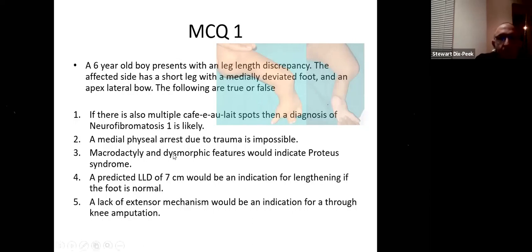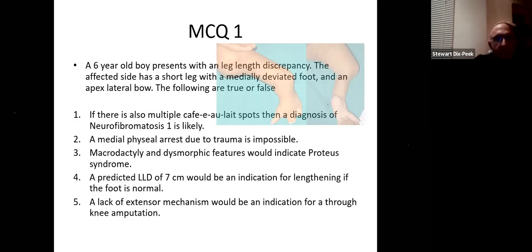Three: a predicted leg length discrepancy of centimeters would be an indication for lengthening if the foot is normal. That sounds pretty right to me. And a lack of an extensor mechanism would be an indication for a through-knee amputation.